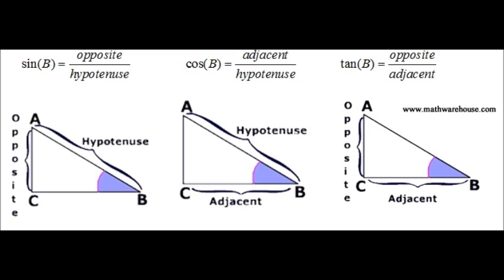Often referred to as the SSS rule, the side-side-side rule can be used to prove two triangles are congruent. If the three sides of the first triangle are equal to the three sides of the second triangle, then the triangles are congruent to one another. You can mark these SSS triangles in the following manner.